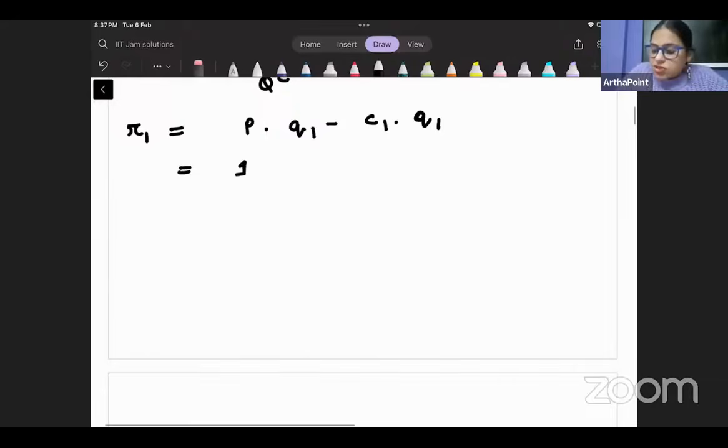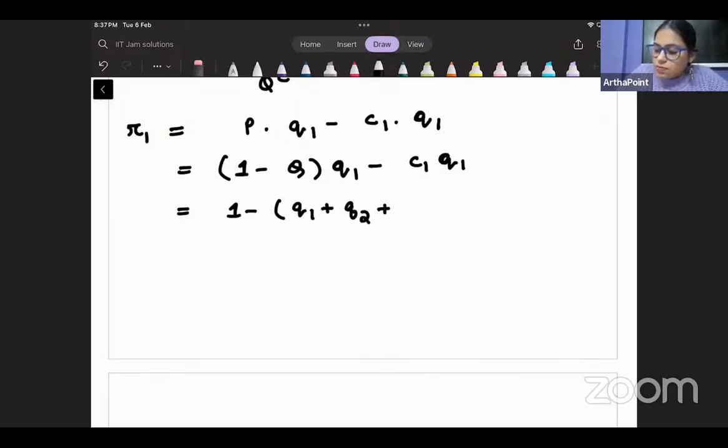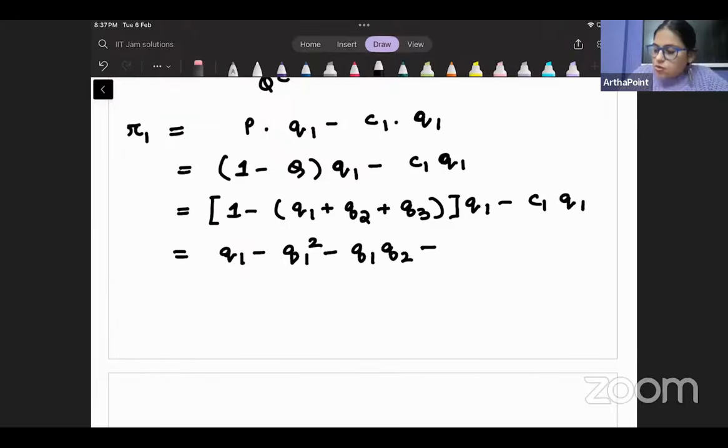My general price function is given as 1 minus capital Q into quantity of the first company minus C1 into Q1. This will be 1 minus Q, which is Q1 plus Q2 plus Q3, into Q1 minus C1 Q1. This will be Q1 minus Q1 squared minus Q1 Q2 minus Q1 Q3 minus C1 Q1. Is that clear?